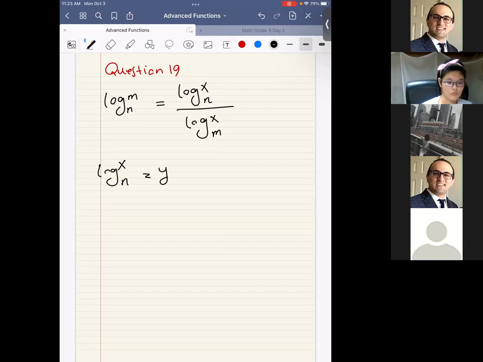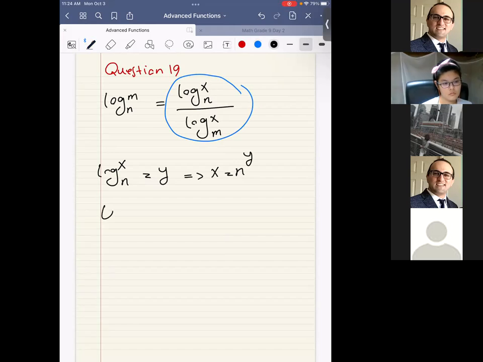That means x is equal to n to the power y, right? Now let's plug this into the original. Just look at the right-hand side of this equation. So I want to work on the right-hand side.